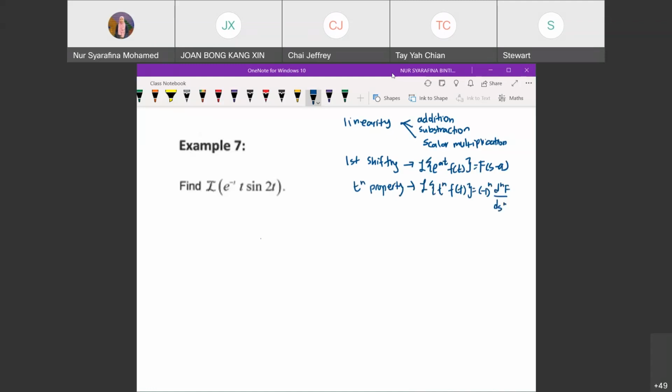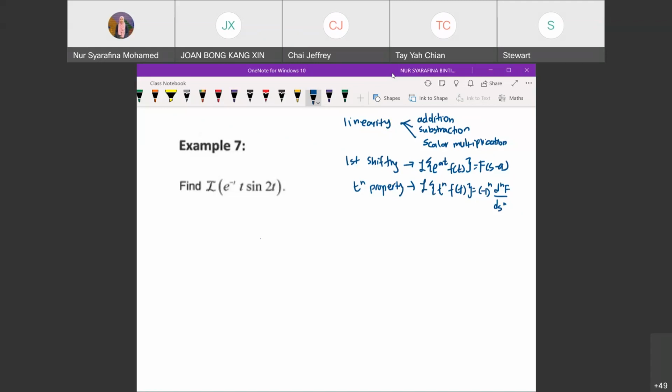So now, from this example, what are the properties involved? Yes, it is a combination of the multiplication by t to the power of n property and also first shifting.